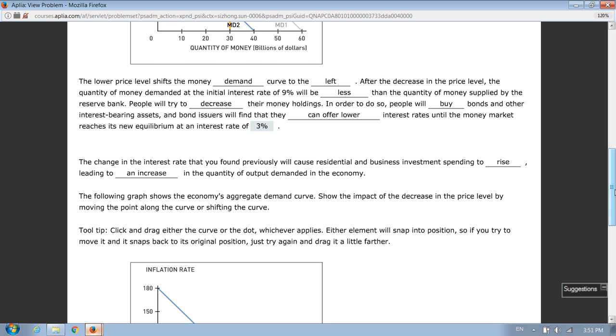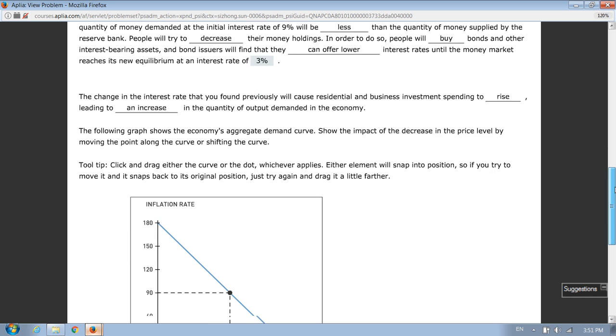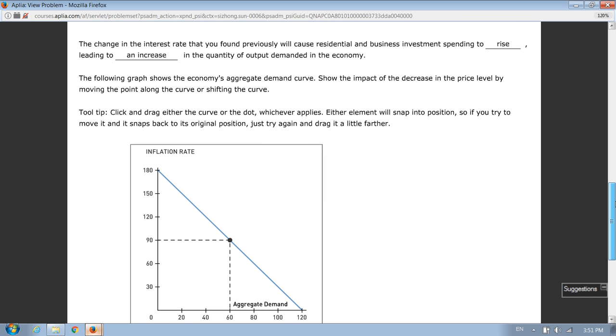The following graph shows the economy's aggregate demand curve. Show the impact of the decrease in the price level by moving the point along the curve or shifting the curve.